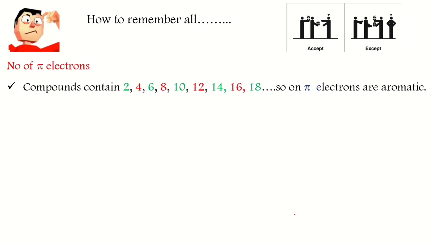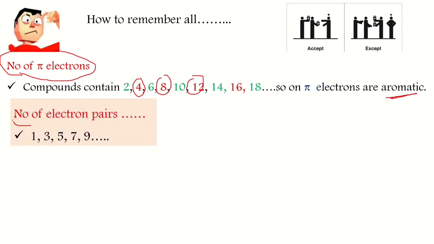Based upon the number of pi electrons, if it is 2, 6, 10, 14, 18, and so on, they are aromatic. And if the number of electrons is 4, 8, 12, and so on, they are not aromatic.